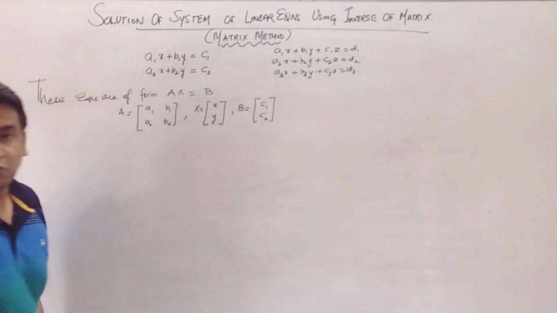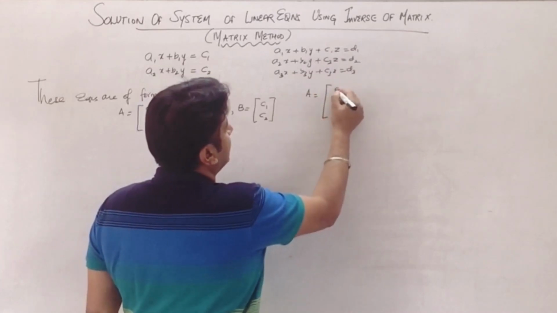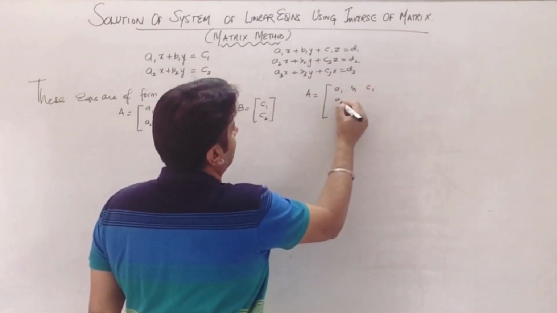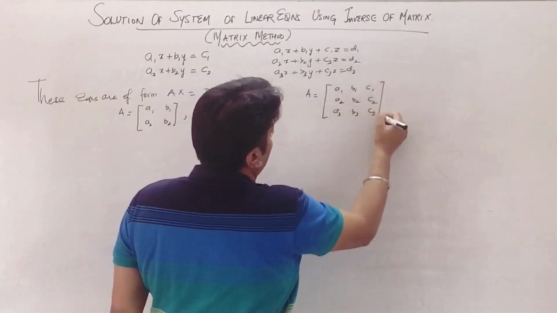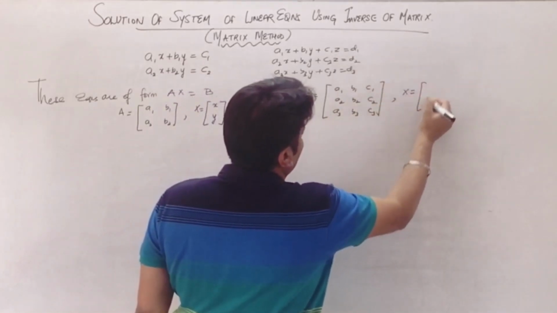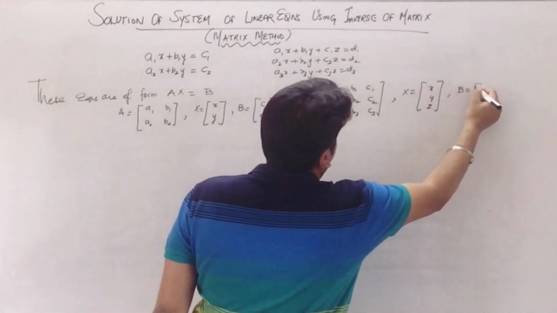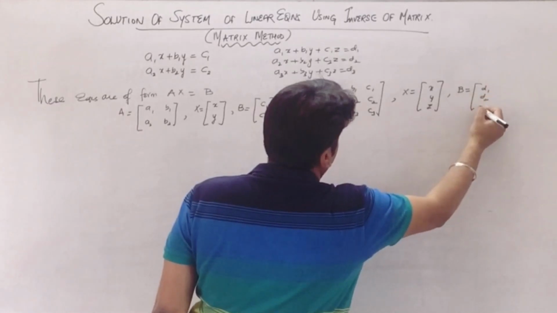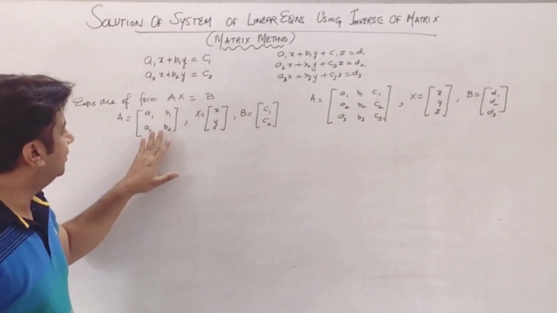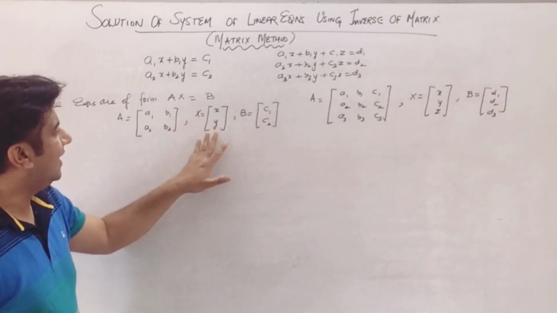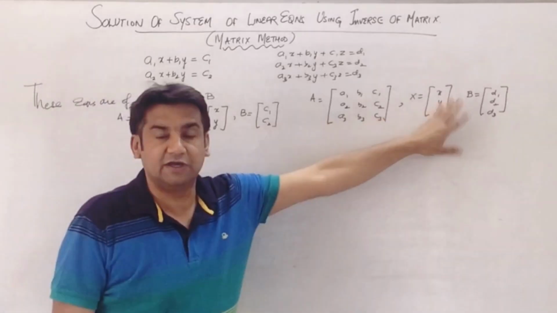This is the constant. And here, what is A? It is a1, b1, c1, a2, b2, c2, a3, b3, c3, and variables involved are x, y, and z, and constants are d1, d2, d3. Here, A is a coefficient matrix, X is a variable matrix, and B is a constant matrix in both the cases.